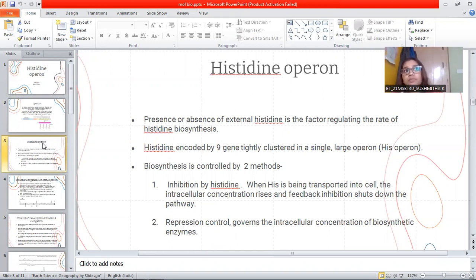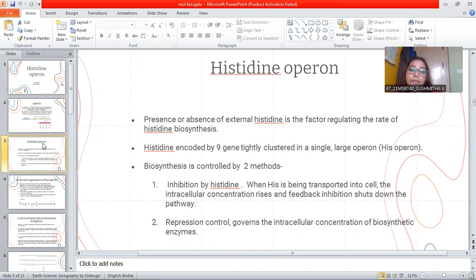Feedback inhibition is when, for example, the substrate which has to bind is more in concentration, the substrate itself will inhibit the synthesis, or inhibit the reaction. The substrate over here is histidine. So if histidine is more, it's going to inhibit its own action.